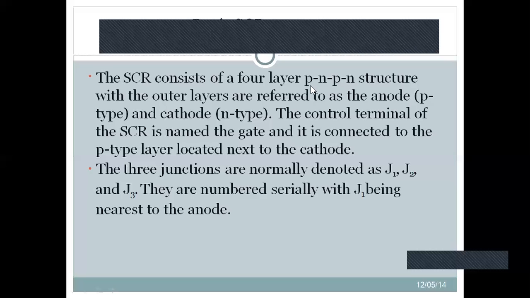The 4 layers are a PNPN structure, with the outer layers referred to as anode and cathode, and the control terminal of SCR is named the gate. Using this gate terminal, I can control the flow of current from anode to cathode. The gate terminal is connected to the P-type layer located next to the cathode. Here we can see PNPN.